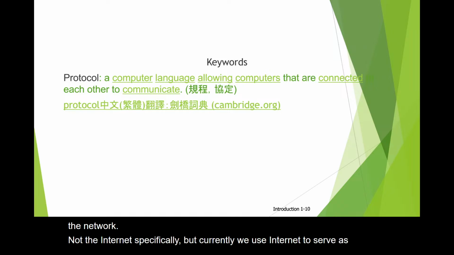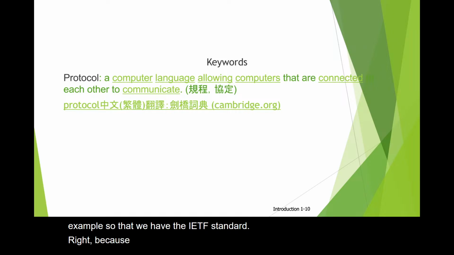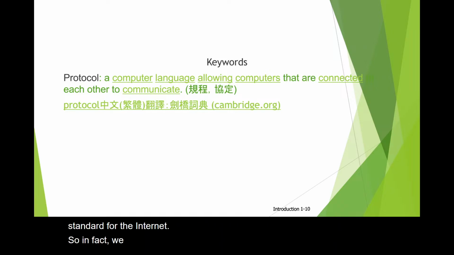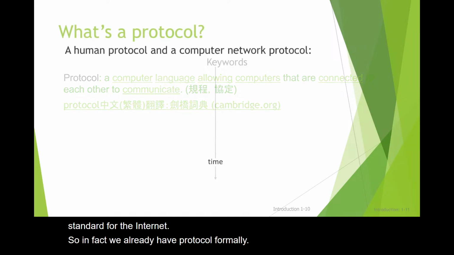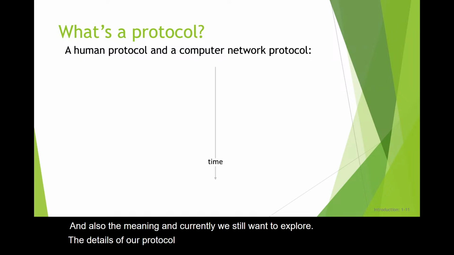So we already have the IETF standard, right? Because the IETF serves as the organization to define the standard for the internet. So in fact, we already have a protocol formally and also the meaning. And currently, we still want to explore the details of a protocol.